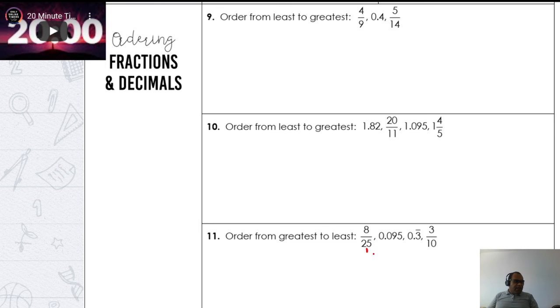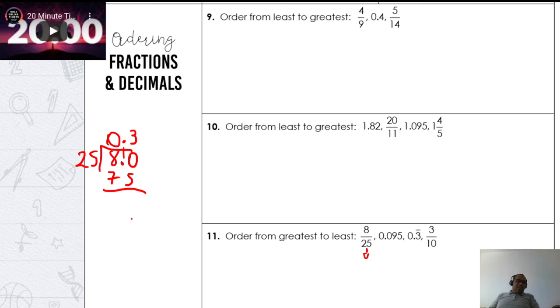Solve the problem here. Let's divide. Let's find the decimal over here. This one, 8 over 25. Let's solve over here. 8 goes inside the box, 25 outside the box. How many times does 25 go into 8? 0. I need a decimal point, slide it up. How many times does 25 go into 80? 3 times is 75.